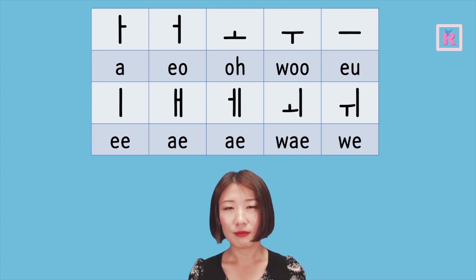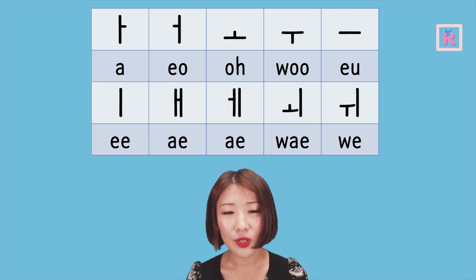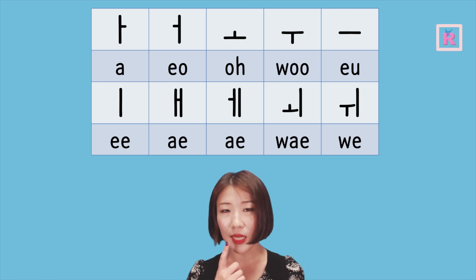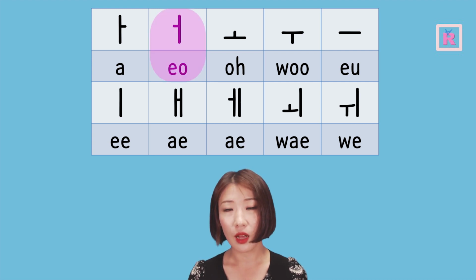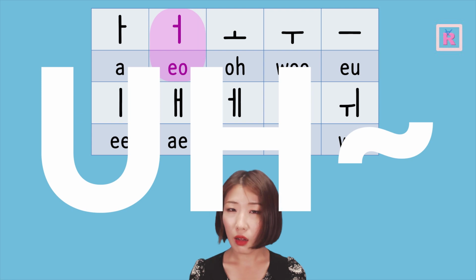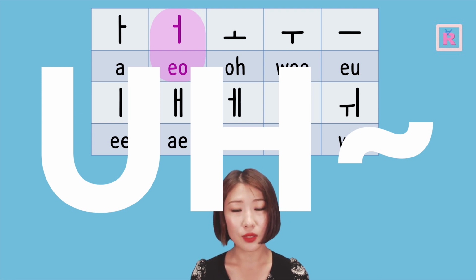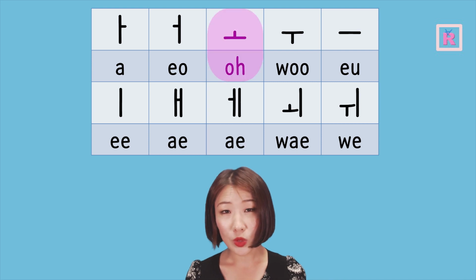Okay. Maybe you were confused by the second one, right? Let's pronounce the second one one more time. The second one is O sound. Can you pronounce this? O sound. And then, can you pronounce O and U clearly?